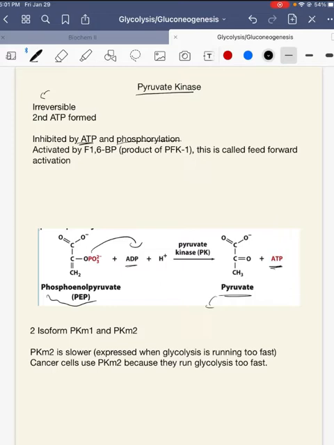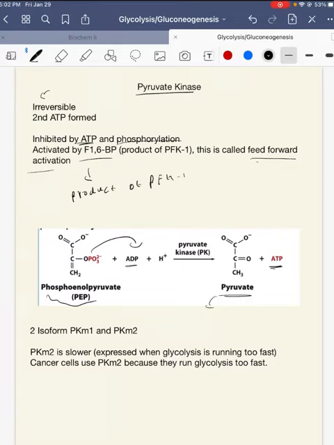It's activated by fructose 1,6-bisphosphate, which is the product of PFK. This is called feed-forward activation. If we're making a lot of fructose 1,6-bisphosphate, that means we originally had a lot of glucose, and a lot of glucose is being committed into running glycolysis.